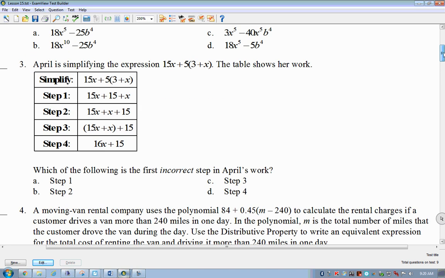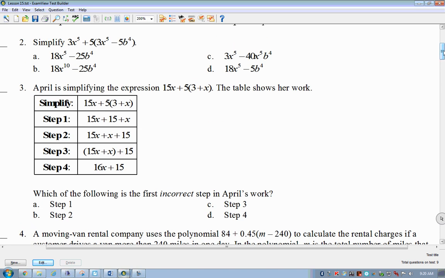Okay. Let's come down to number 2. Let's see. Reagan, looking at this, what would be your first step? Three plus x. Where are we seeing 3 plus x at? Yeah, we're on number 2.